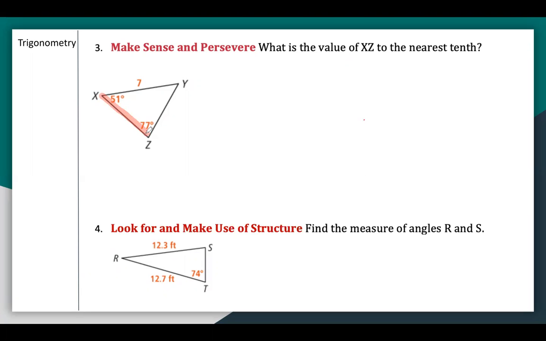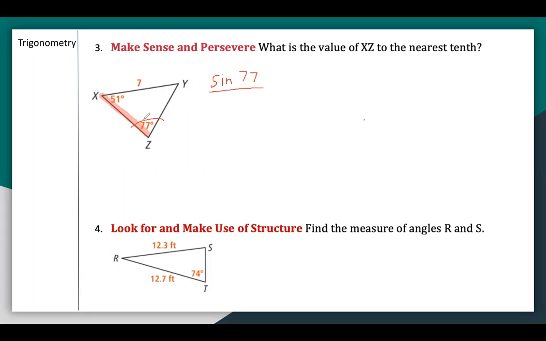Well, in order for us to find the side length for XZ, again, the law of sines states that the sine of an angle divided by its opposite side. So in this case, the sine of 77 divided by its opposite side.